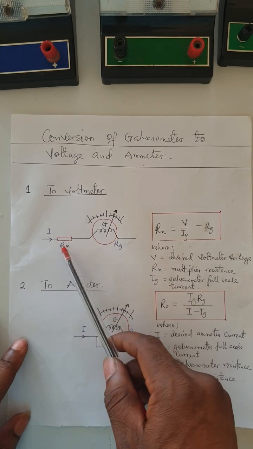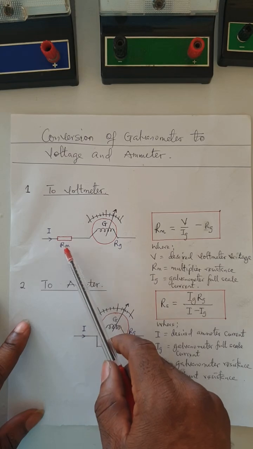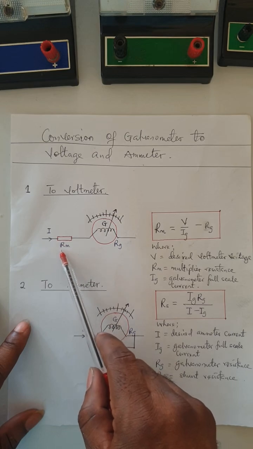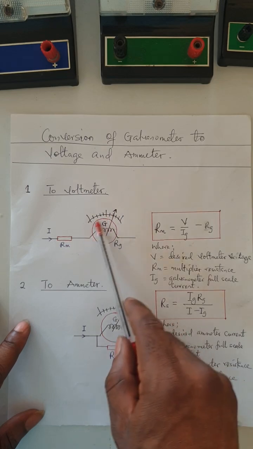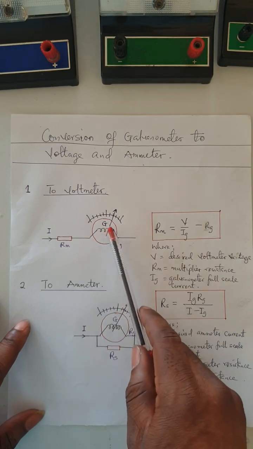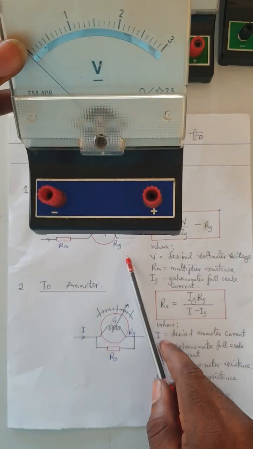We connect a resistor here, a high resistor called the multiplier, RM, the multiplier resistor, connected in series to the galvanometer. When this is done, the galvanometer is automatically converted into a voltmeter.